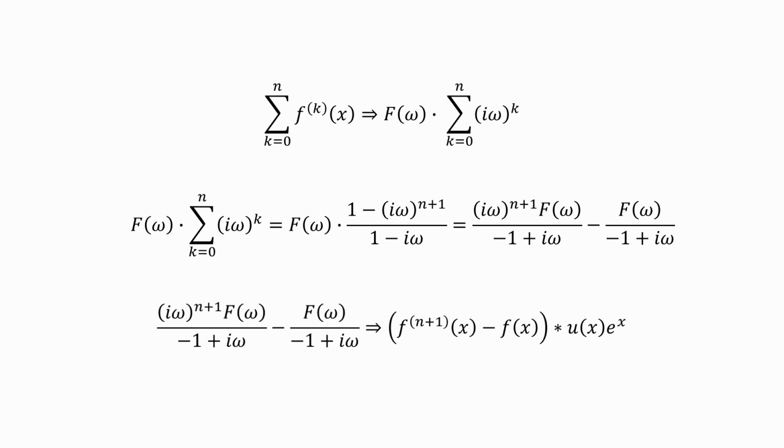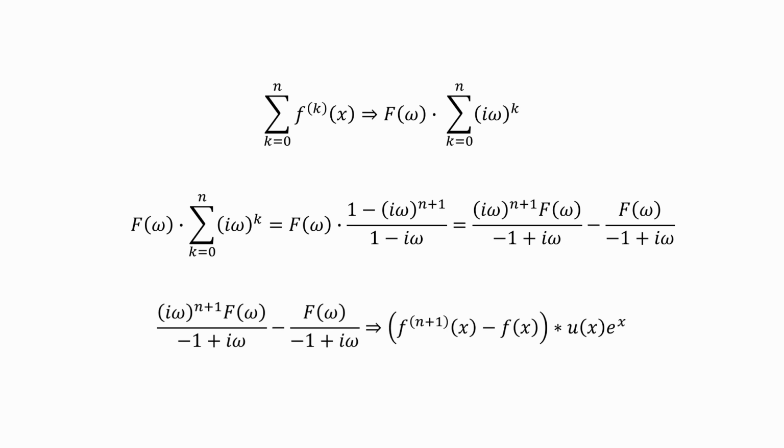Well, that is because now we can see it as a convolution. Because actually, if you divide by minus 1 plus i omega, you multiply by 1 over minus 1 plus i omega. And that is a famous Fourier transform of the unit step function times e to the power x.